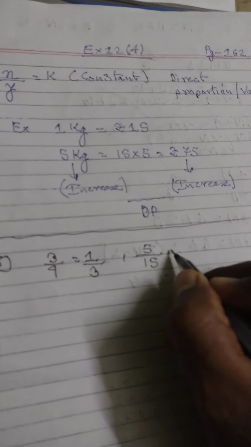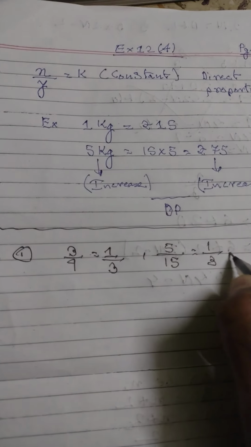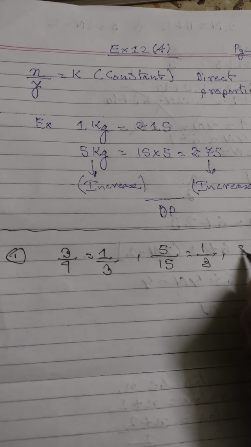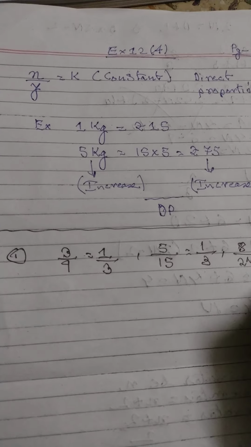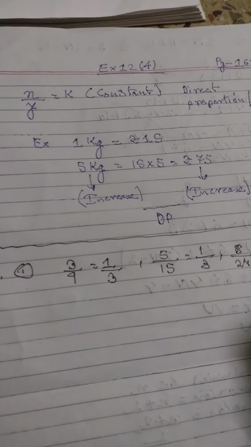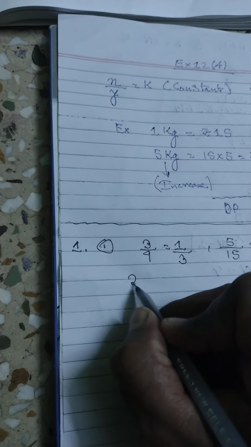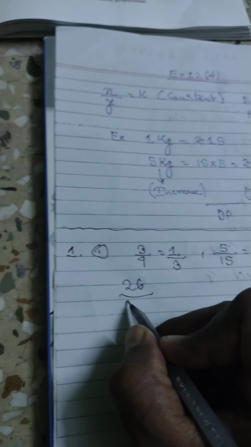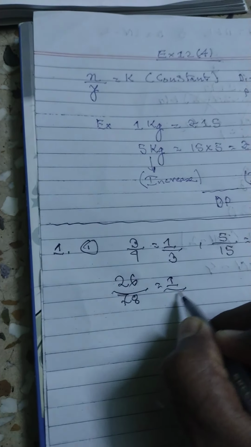Again if you cancel it, you will get 1 by 3. Similarly 8 by 24, if you cancel it, you will again get 1 by 3. Next 11 by 33 is equal to 1 by 3, and last is 26 by 78, it is also 1 by 3.